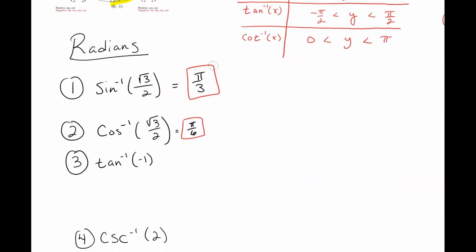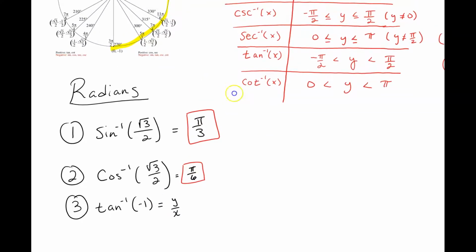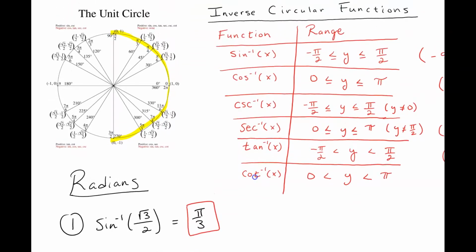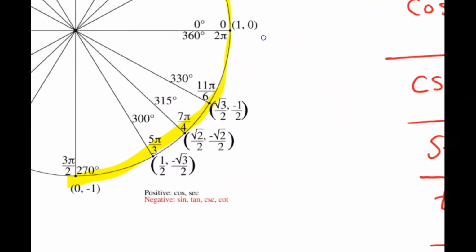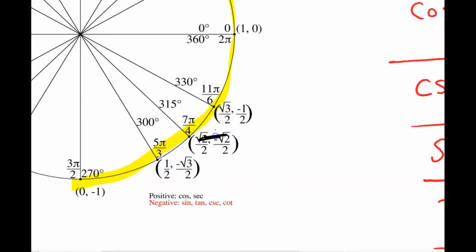So we know for tangent, this is y divided by x. So let's think about that. Where is y divided by x -1? That means that y and x had to be equal but opposite in sign. And the only place that I see that happening is right in this neighborhood at 7 pi over 4. But 7 pi over 4, when you think about it, you count backward.